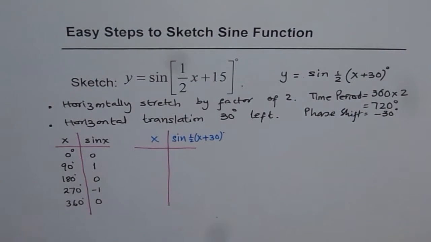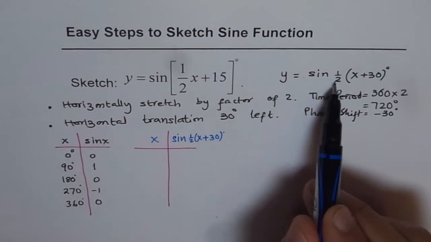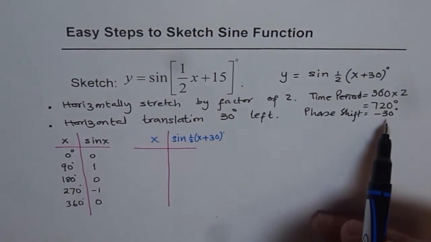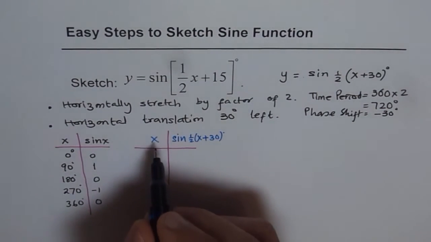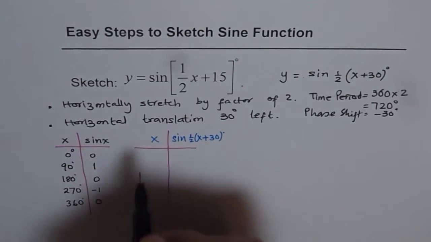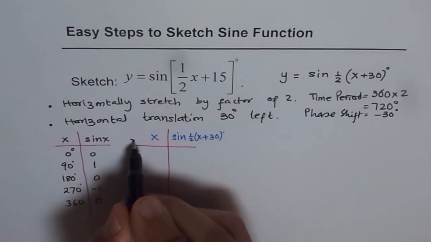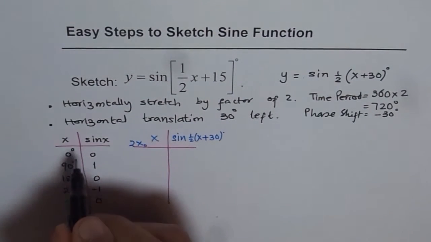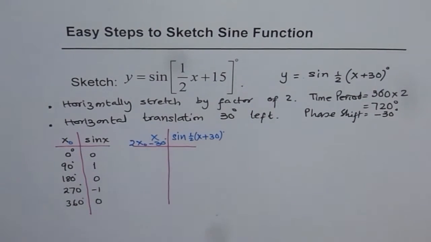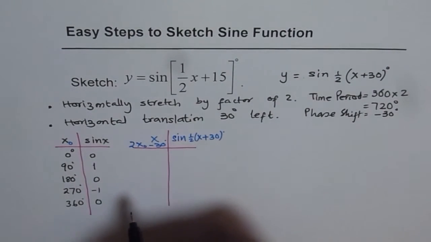As far as the x values are concerned, it affects the time period. So it is times 2, the x value, and then minus 30. So that is the effect on x value. So to calculate x values, we need to do times 2 of this, right? So it is 2 times original x values. Let me write this as x0, and then take away 30 from there to get the x values. As far as the y values are concerned, they remain the same, right?